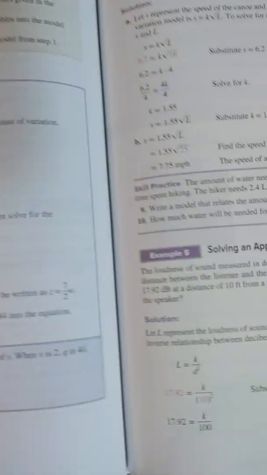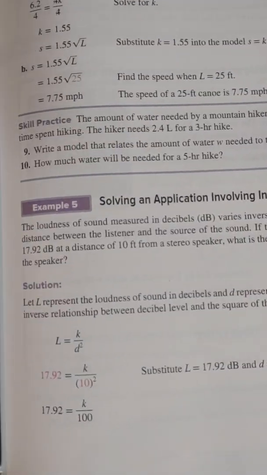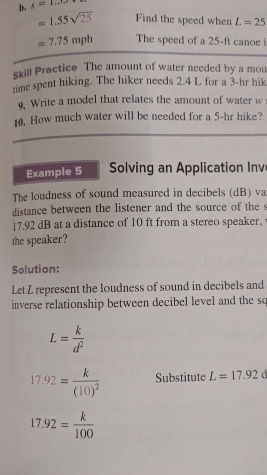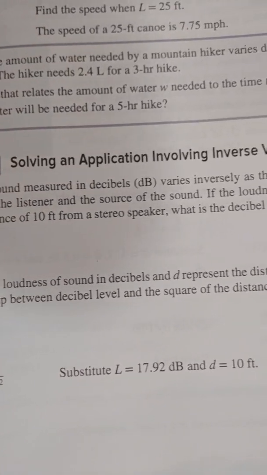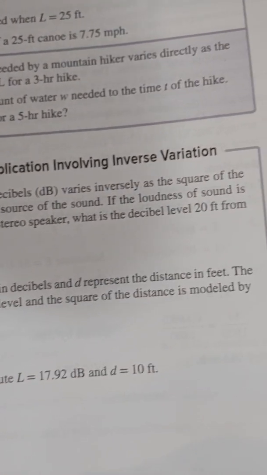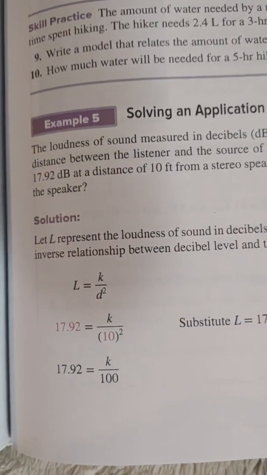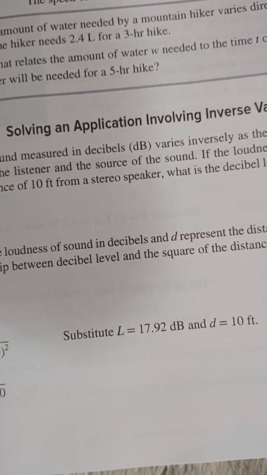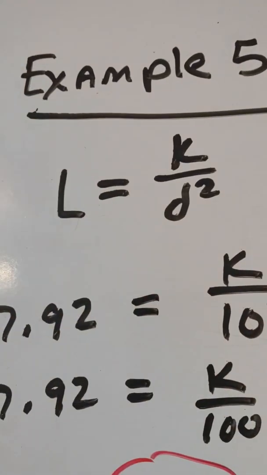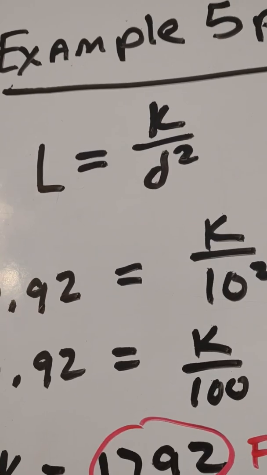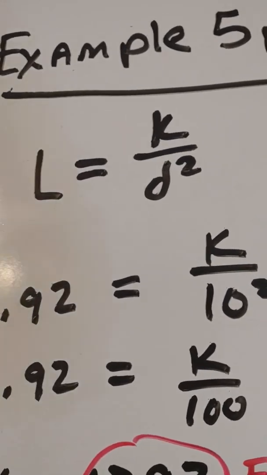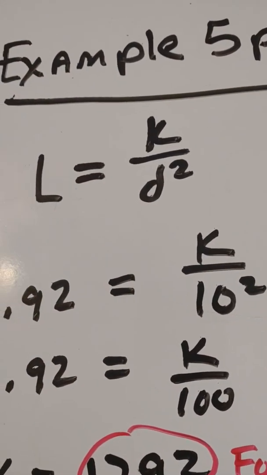Here's an inverse variation problem. It says the loudness of sound measured in decibels varies inversely as the square of the distance between the listener and the source of the sound. So we let L be loudness, and this equals K over D squared, distance squared.